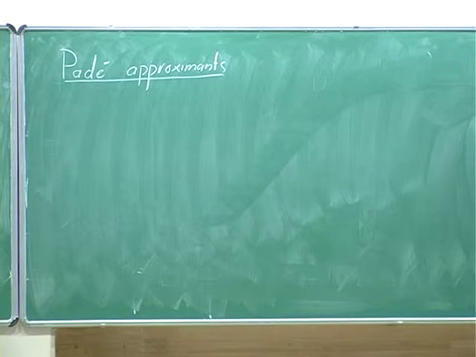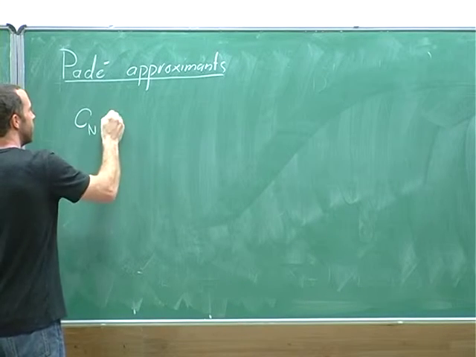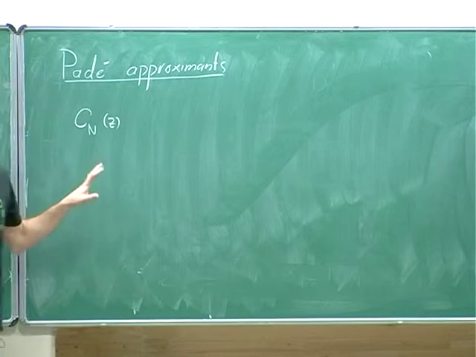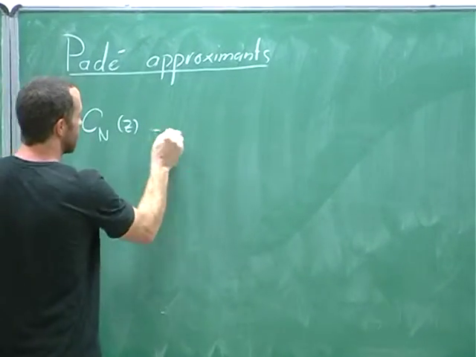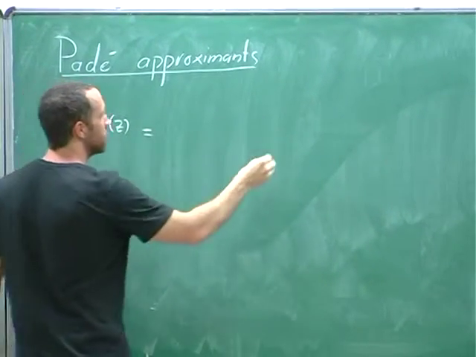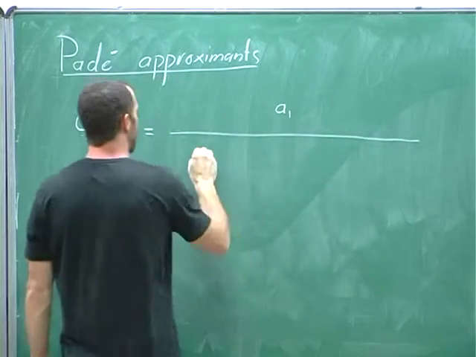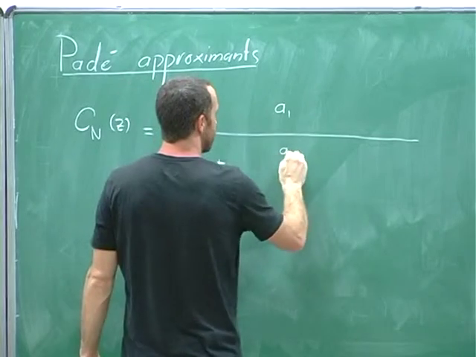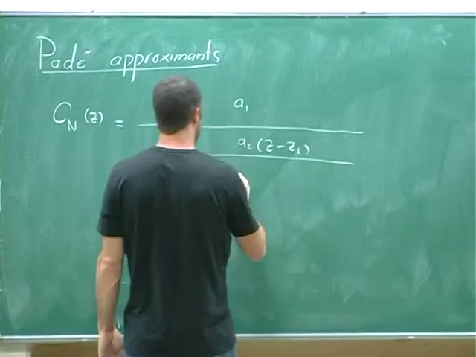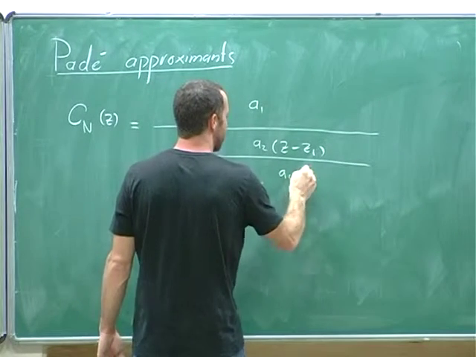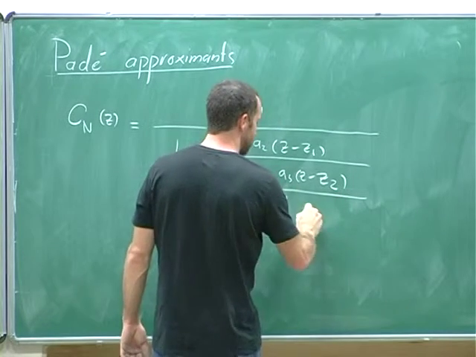The idea is to define a continued fraction, which I'll call C_n of z. So this is a complex function defined for a complex variable z. What is a continued fraction? It's basically something which looks like a1 divided by 1 plus a2 times (z minus z1) divided by 1 plus a3 times (z minus z2), and so on.